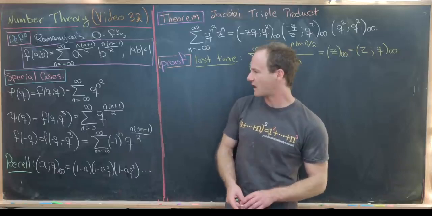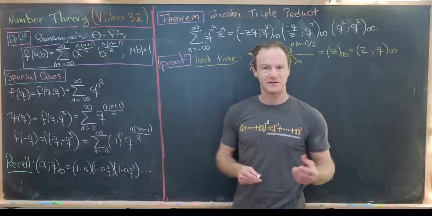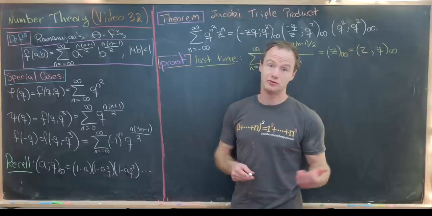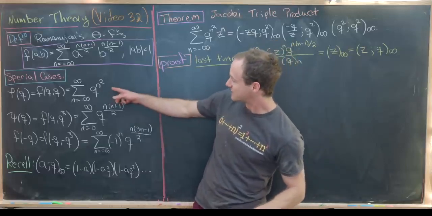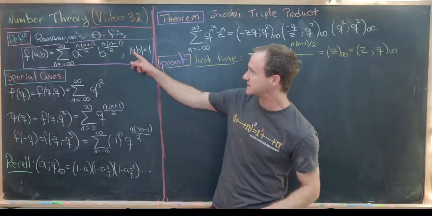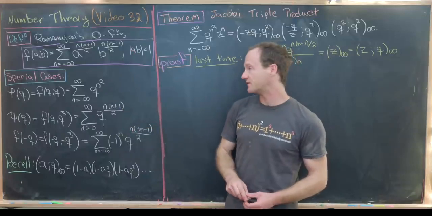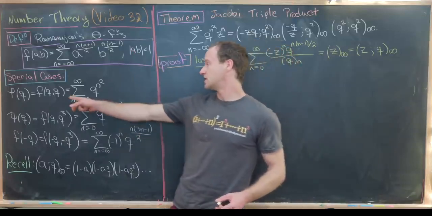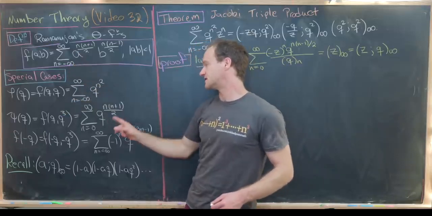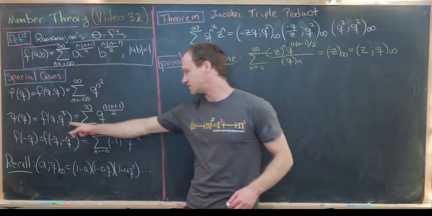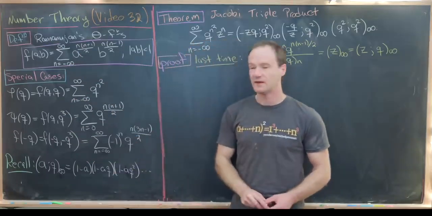So if you're in my class, the first exercise that you will do for today's class will be to show that these are indeed special cases of Ramanujan's general theta function. So in other words, plug q, q in here and see that it collapses to this sum, or this sum, depending on what you need to plug in there.